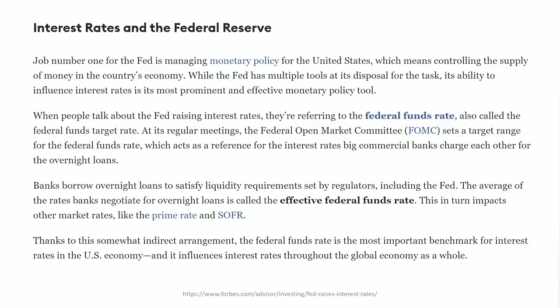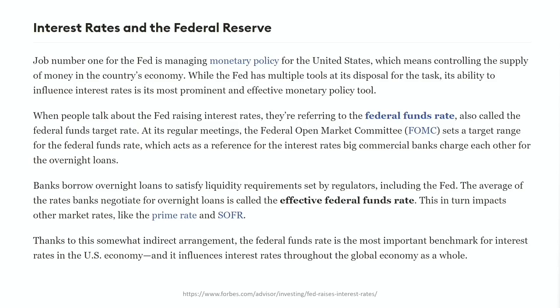So when people talk about the Fed raising rates, they're referring to the federal funds rate. At the FOMC meetings, which is going to happen this week, March 15th and 16th, is the next FOMC meeting, they set a target range for the federal funds rate.